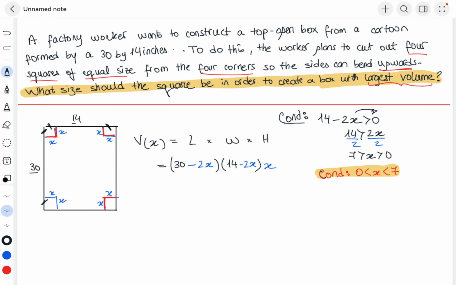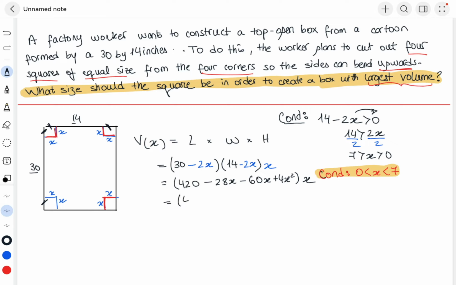And now we distribute. 30 multiplied by 14 is 420. Negative 2x multiplied by 14 is negative 28x. Negative 2x multiplied by 30 is negative 60x. And negative 2x multiplied by negative 2x is positive 4x squared, all multiplied by x.